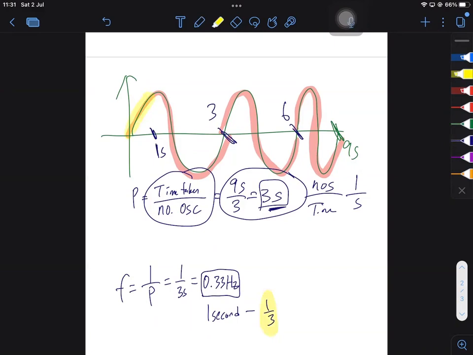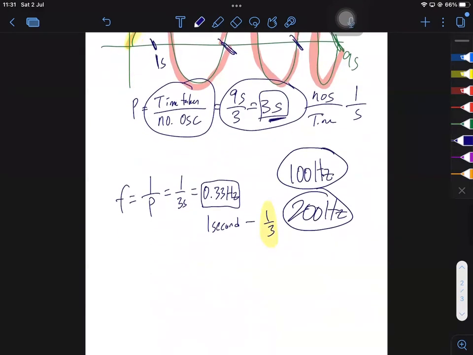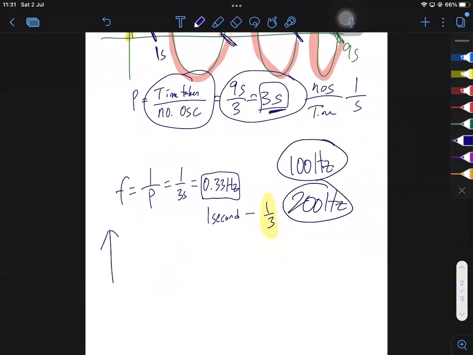If I have another wave that has a frequency of 100 hertz, it means in 1 second, I can complete 100 oscillations. If I have 200 hertz, it means in 1 second, I have 200 oscillations. So if I were to draw a graphical representation for 100 hertz, it will be probably something like this.